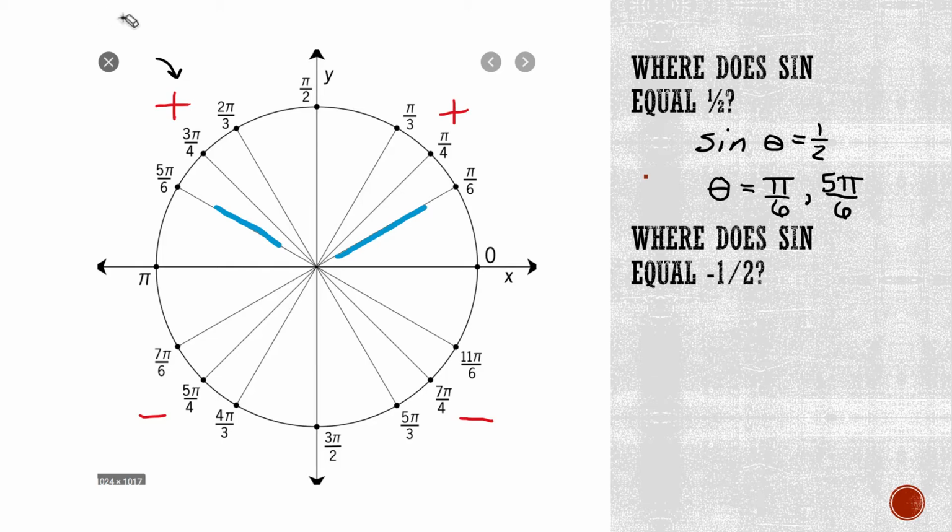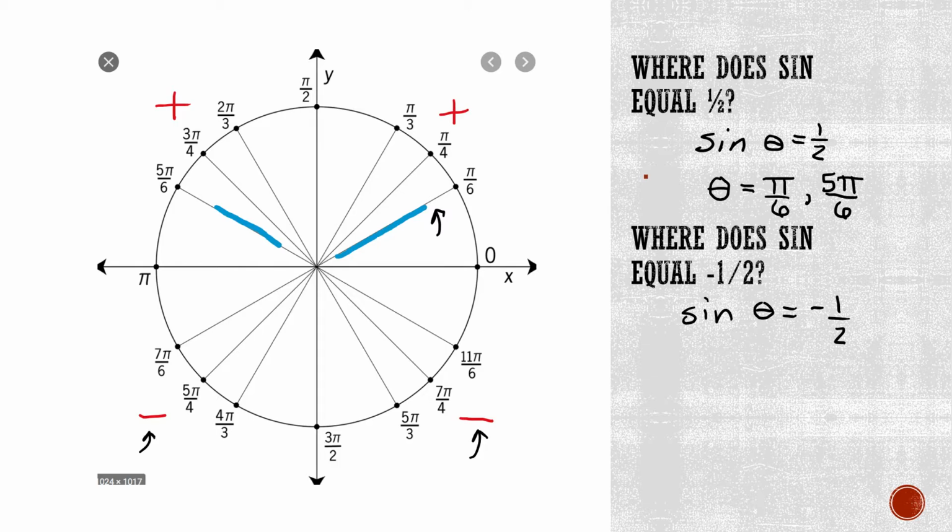All right, so the second question sort of follows up with that, and it says, where does sine equal negative 1/2? This time I'm looking for angles where the sine function is equal to negative 1/2. And again, we know that it's based on that pi over 6 in the first quadrant. It's based on this angle right here, but we're going to need to mirror it into the third and the fourth quadrants because that's where we have the negatives.